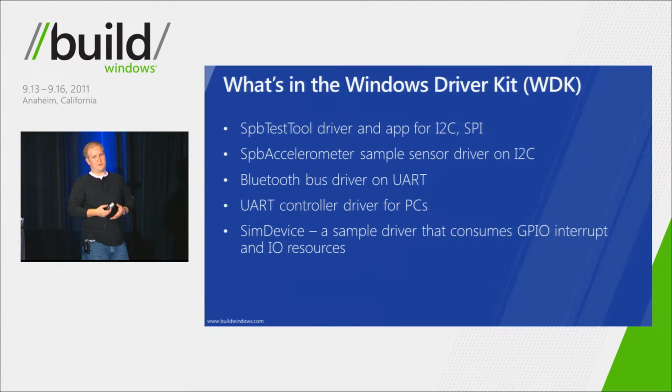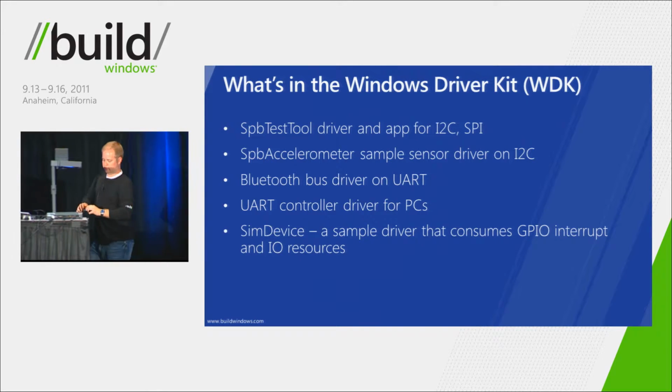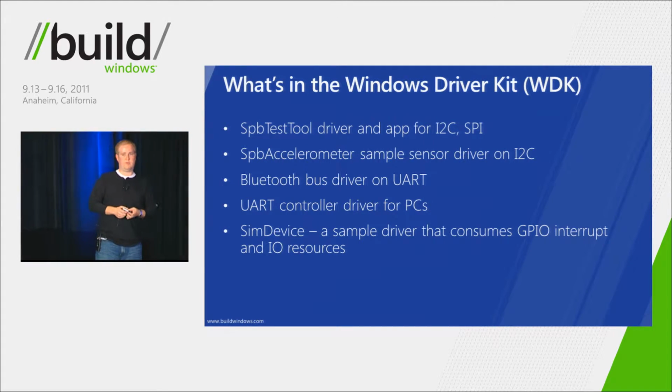So what's in the Windows Driver Kit? I am here to plug the WDK. We have a variety of tools. We have really spent a lot of time trying to put everything you need in the Windows Driver Kit to get going. We have the SPB test tool, driver and application.